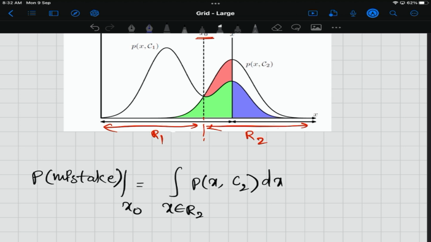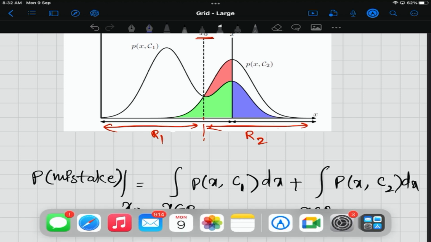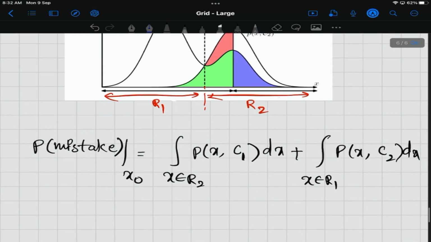This becomes one term in your probability of mistake. The other term is x is coming from R1 but it is still following the distribution of the opposite one. Okay, so these two terms basically will give you the probability of mistake.